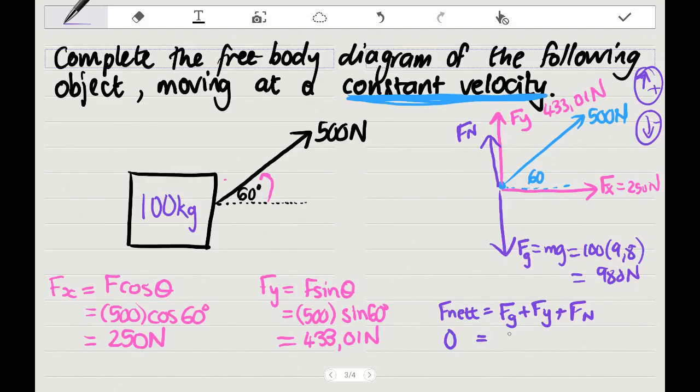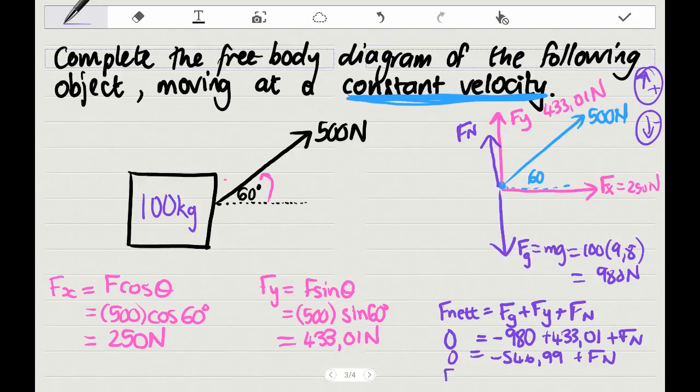So here we have minus 980. Why is it minus 980? Because it is in the opposite direction, in our negative direction, plus Fy, which was 433.01, plus Fn, which we do not know, must be equal to 0. So 0 is equal to minus 980 plus 433.01, which is minus 546.99, plus Fn.